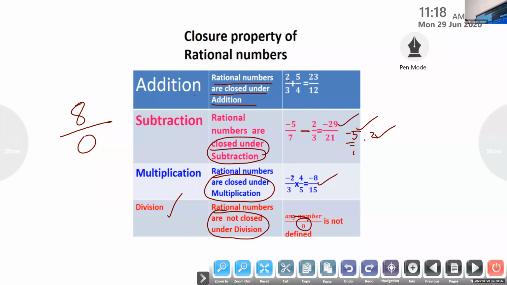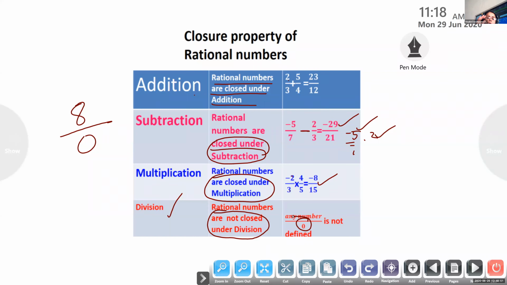For all other numbers, rational numbers are closed under division, but only because of the 0, division by 0 is not possible or not defined. Hence, rational numbers are not closed under division. Okay, Shivanya? Okay, ma'am.